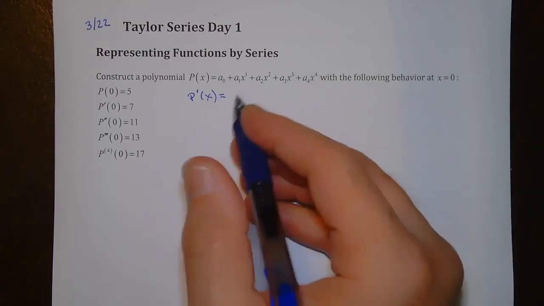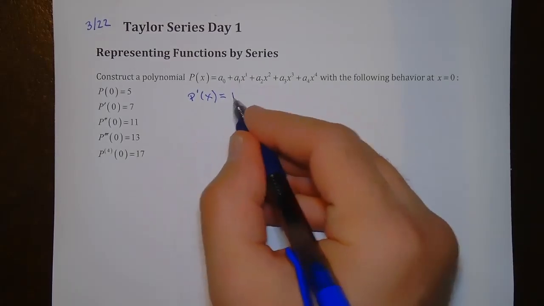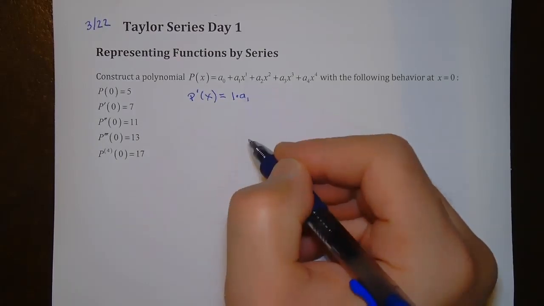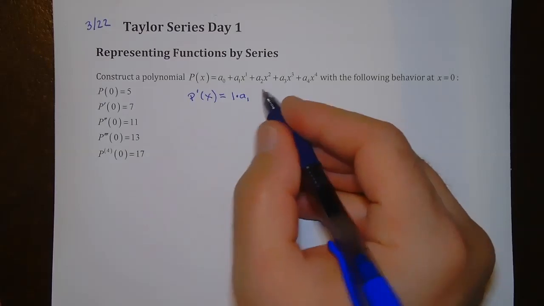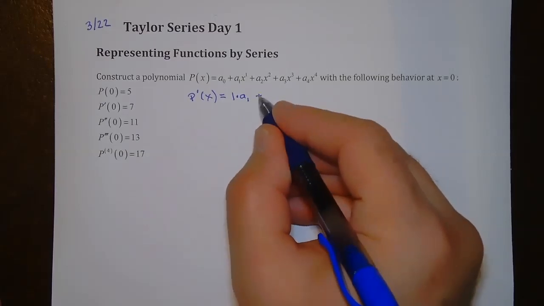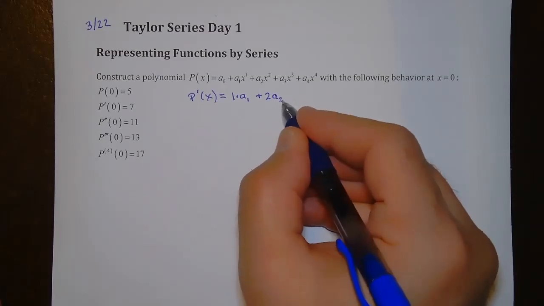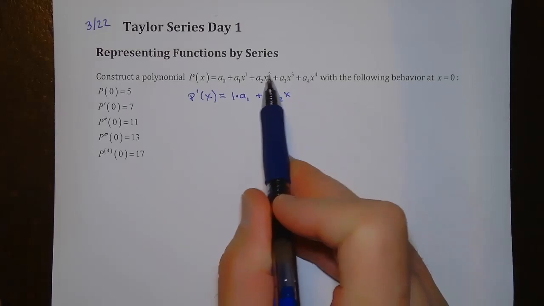This first one is going to be, we're going to bring this power down and it'd be 1 times a sub 1 x to the 0. And then we're not going to write that because that's going to be 1. Okay, and then plus 2 times a sub 2 times x, because that power is going to drop by 1 and we brought the power down.